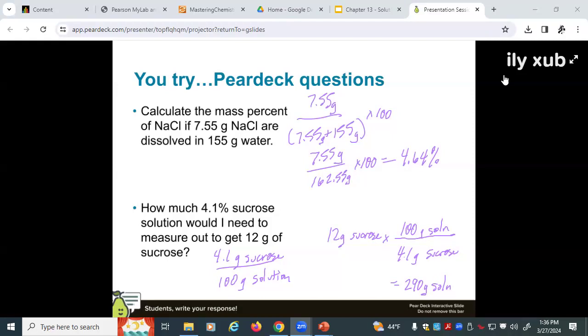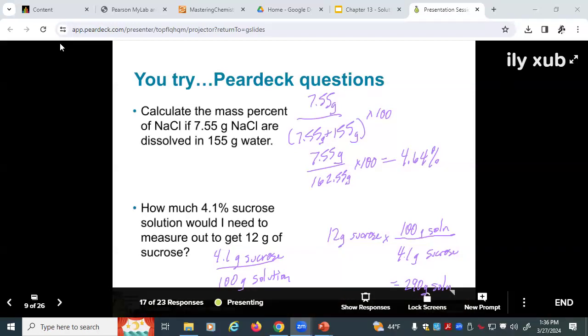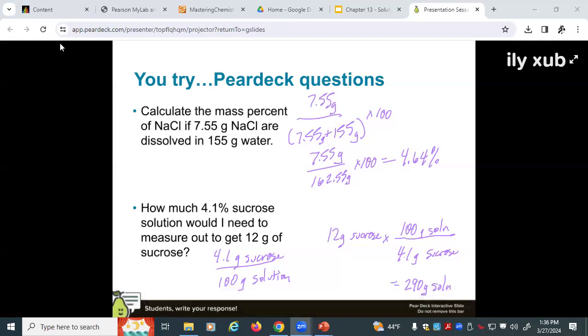Now, for the second one, what you needed to do was turn that percentage into a fraction. And so the fraction that you needed was 4.1 grams of sucrose for every 100 grams of solution.